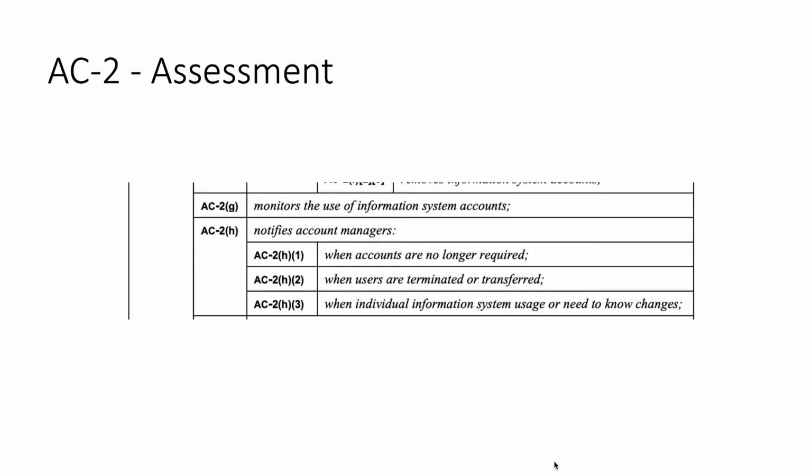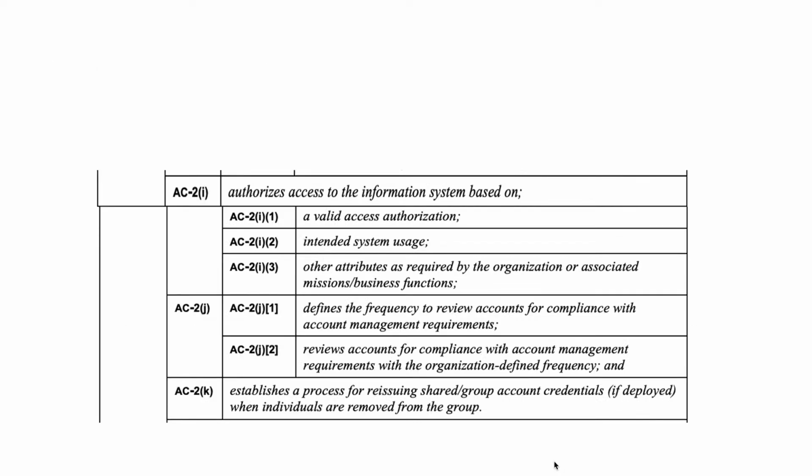Show me how you approved that. Show me how that account usage, the permissions change. Authorize access to the information system based on valid access authorization, intended system usage, other attributes required, right? We had need to know.